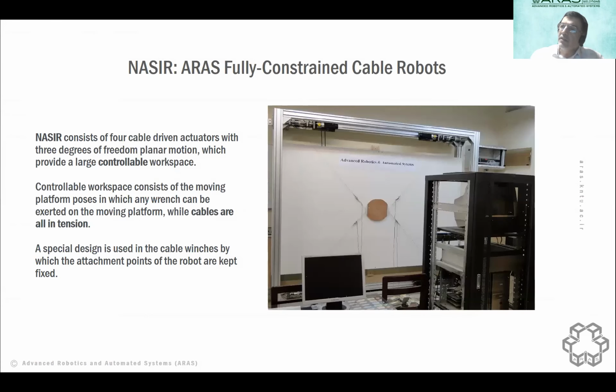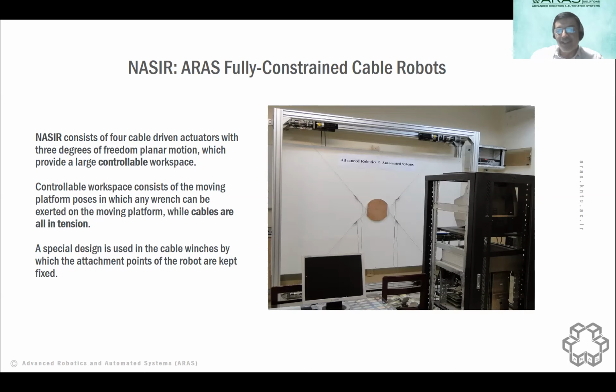As you see here, we started our experimental setup with a planar case, which we call Nasir. Nasir consists of 4 cable-driven actuators with 3 degrees of freedom, planar motion, which provides a large controllable workspace. This controllable workspace consists of the moving platform poses in which the wrench can be exerted on the moving platform while cables are all in tension.